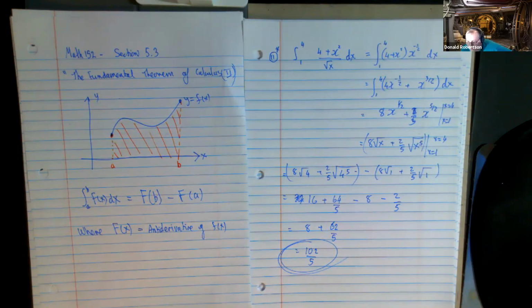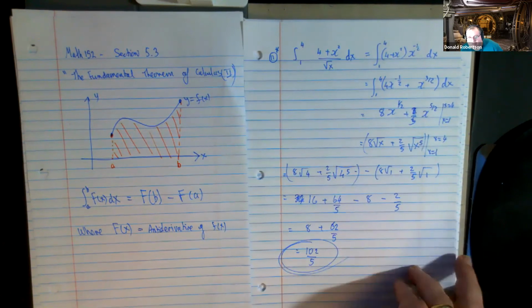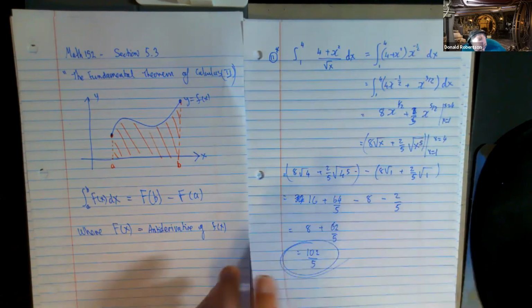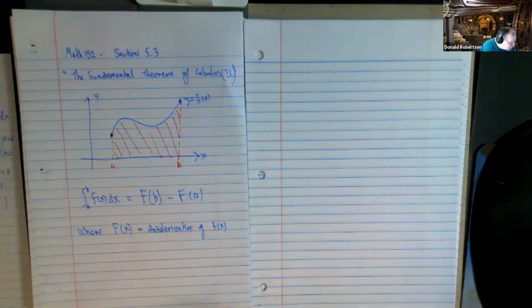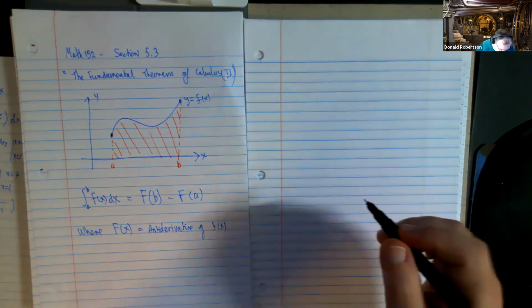Okay, I think for the time being, at least, that's the end of that process. Well, no doubt we will, I can guarantee, return to finding areas under curves. But for right now, we are going to look at.